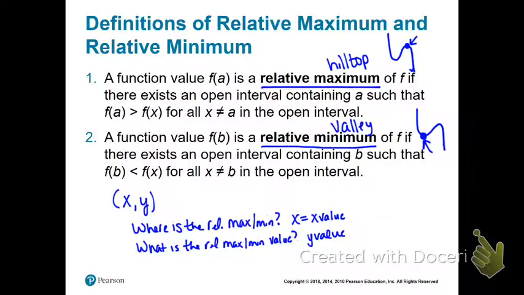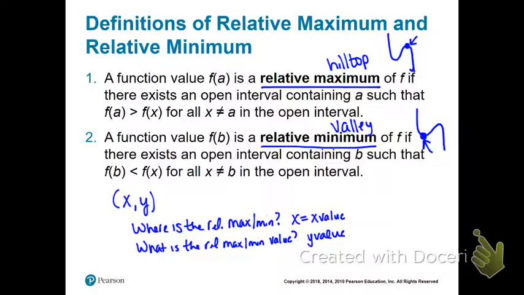All right, so where is something happening? Just like the increasing, decreasing, and constant, where was that happening? You label it by the x values. If they ask you what is that maximum value or what is that minimum value, you label it by the y, you give it the y value. Now, something else too is sometimes they call them maxima and minima. So those are just plural, okay?